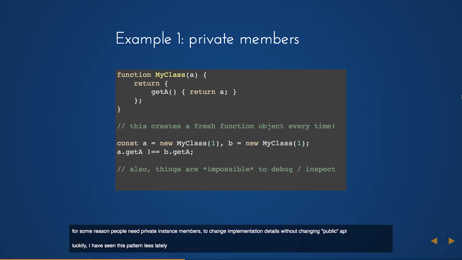When you use the new operator and the function returns an object, that's what's used as the result of the new operator instead of this. That was a common pattern, but it's quite bad for performance, because every single instance has its own copy of every single method. It's a fresh function object, and it's also bad to debug and inspect.